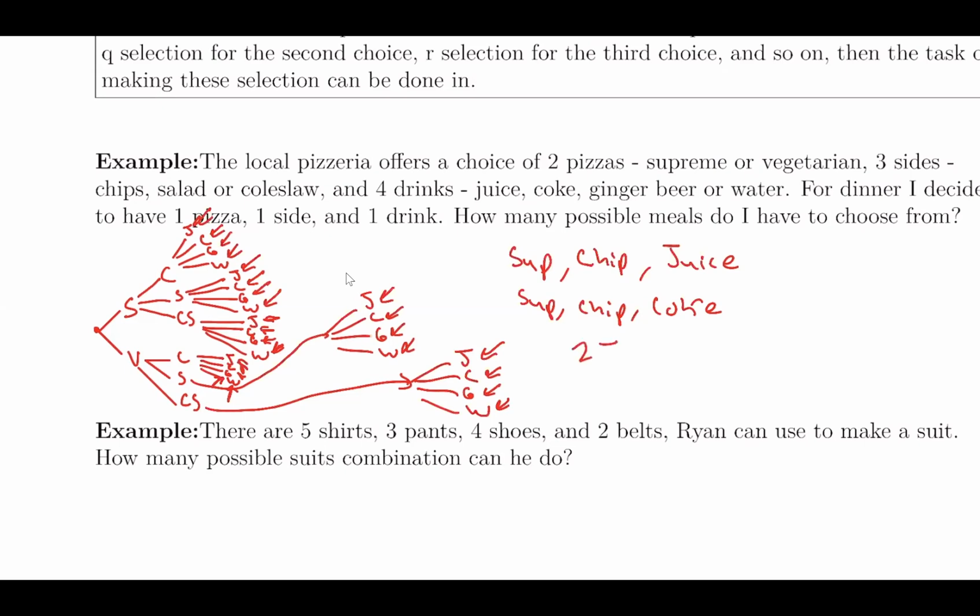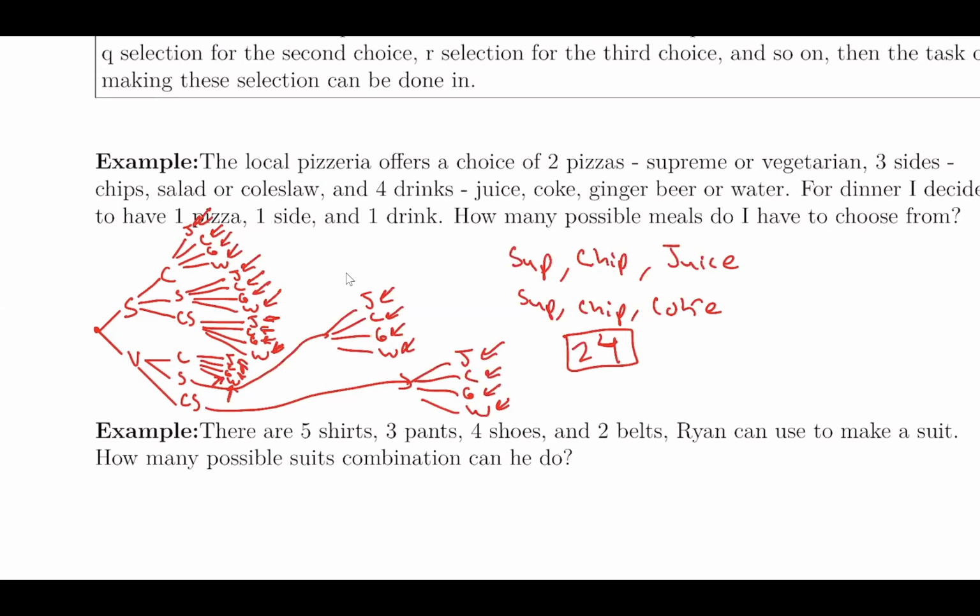So we had 24, not 25. So we had 24 different orders that we could possibly order. So we could order a vegetarian pizza, get a salad, and get Coke. Okay. Yeah, sorry, no. That is for the whole order for vegetarian and Supreme.